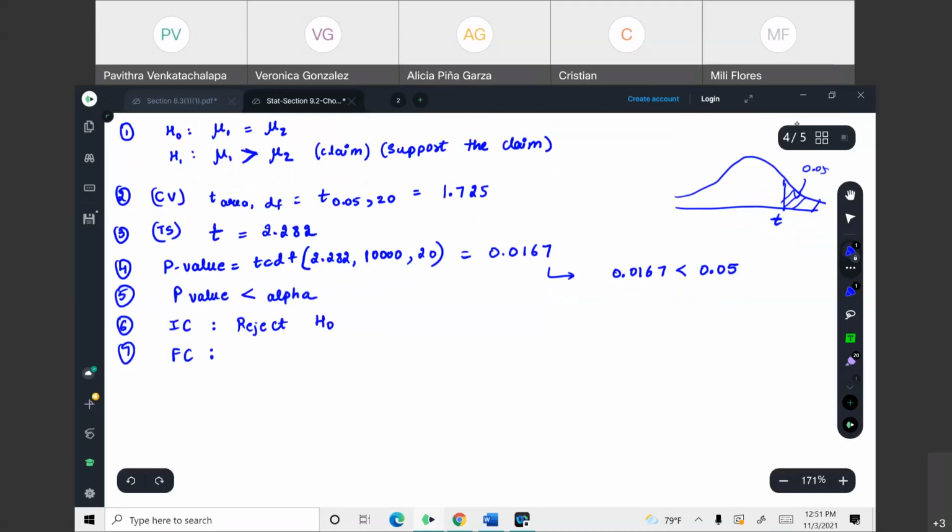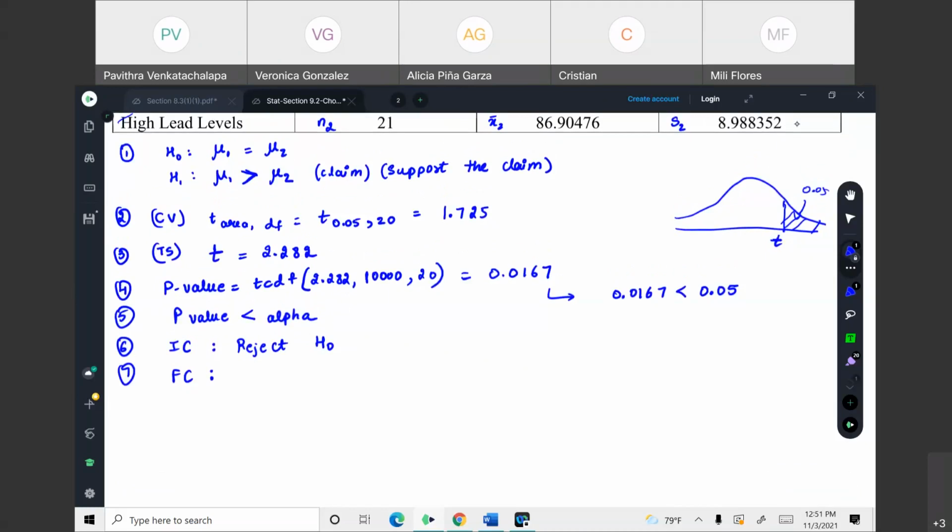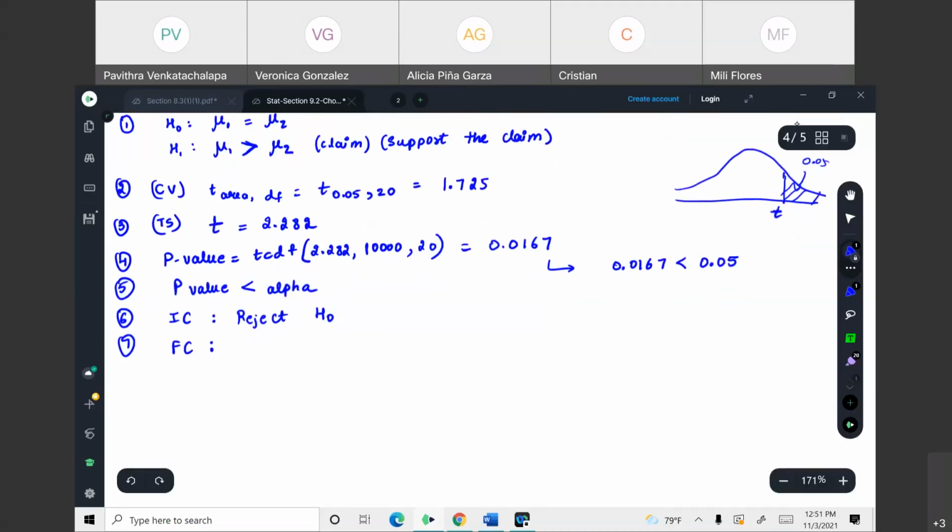Now you are rejecting H naught and your claim is H1. So according to the table, you see there is sufficient evidence to support the claim. And you write whatever the claim is mentioned in your question.